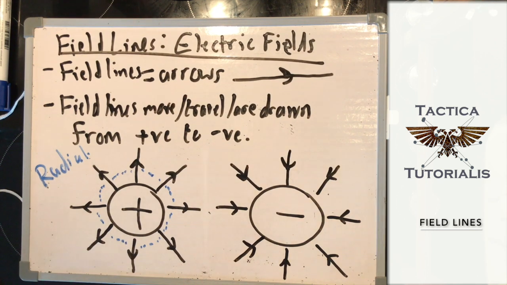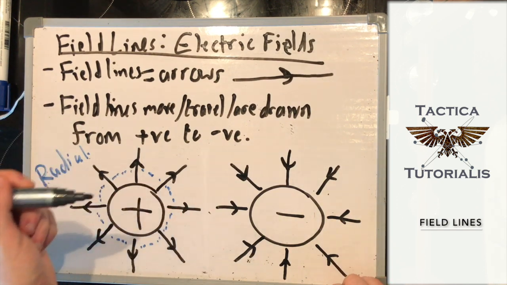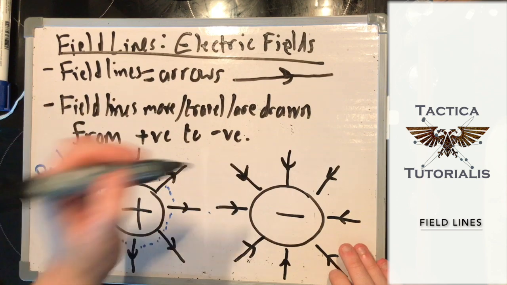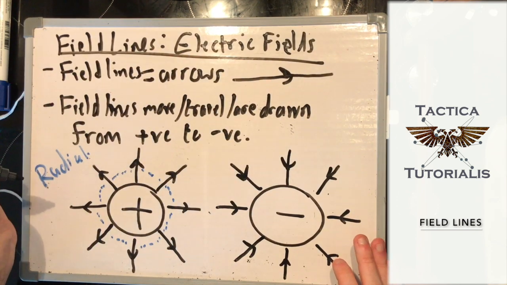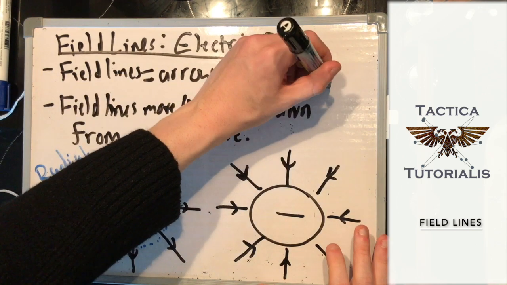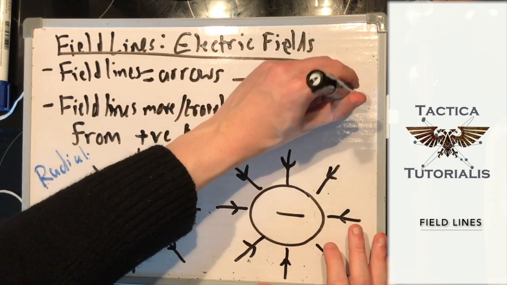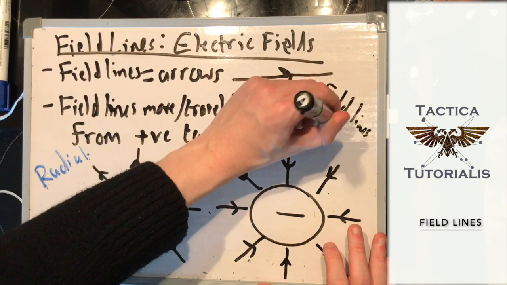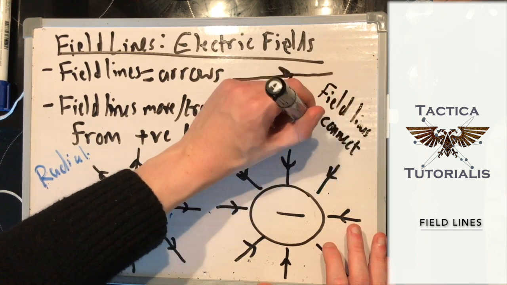Because the field lines have to connect together in order for there to be sort of a shared field of attraction and repulsion between them. In fact, that's sort of the actual final point, and that is that field lines connect. I haven't got any good space for it, but I'll be able to draw it out. So I'll write it here. Field lines connect between charges.